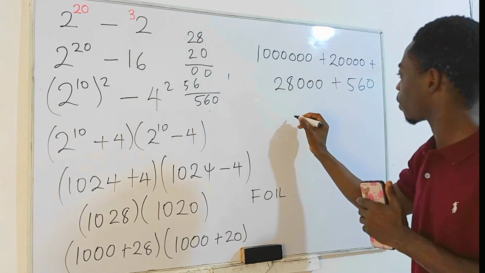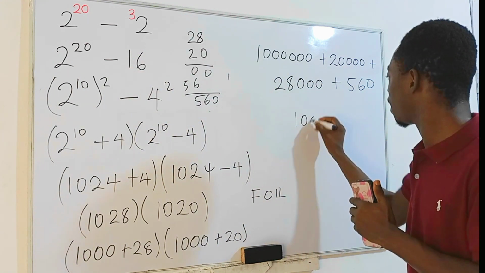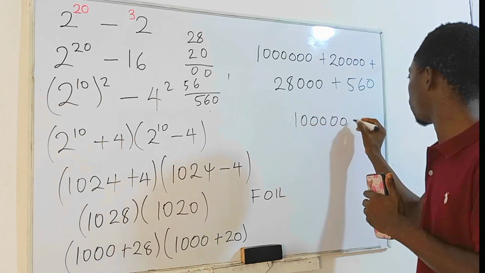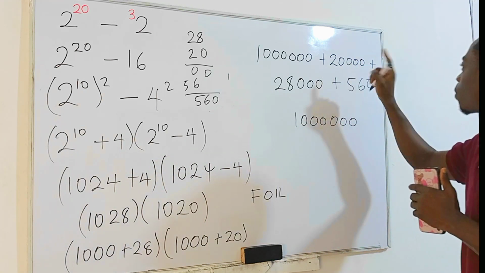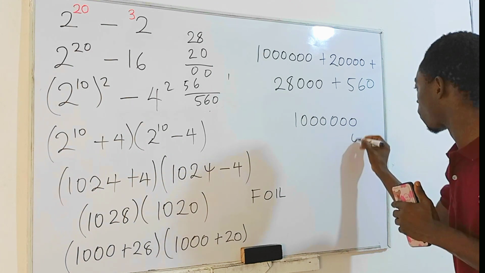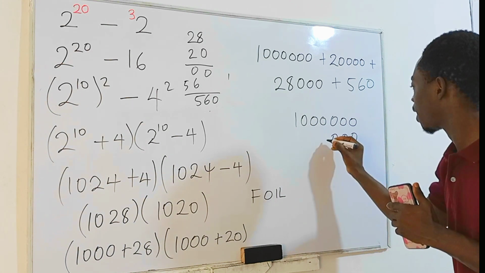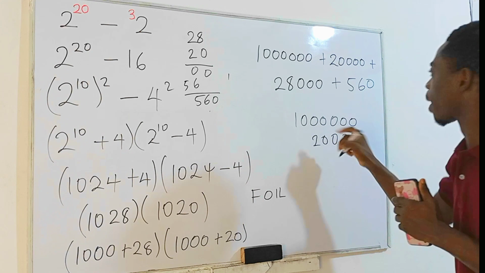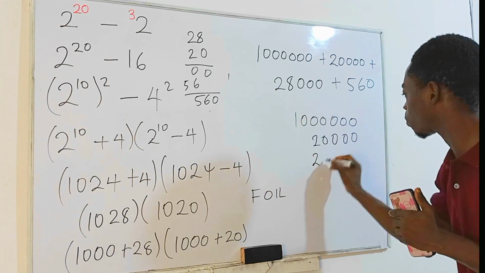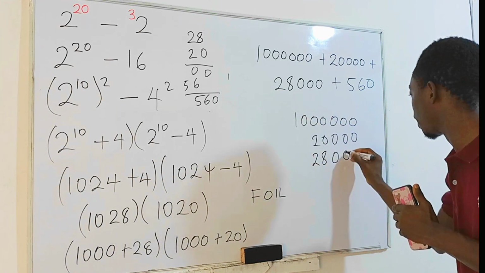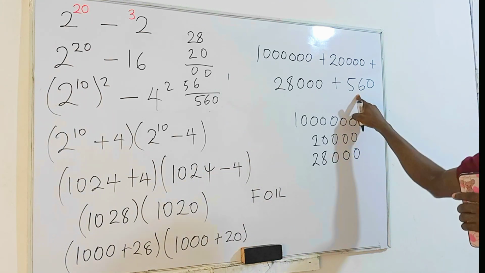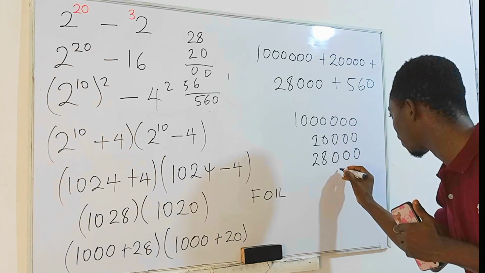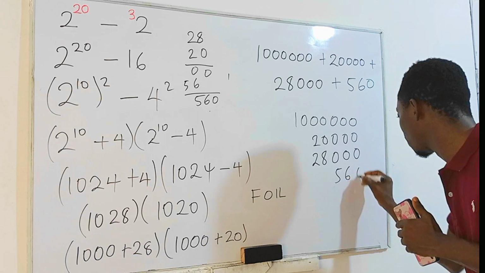And this time we can do the basic mathematics to find what the whole of this is. By arranging this, we're going to have 1 million, that is 6 zeros. Then we have 20,000, so 4 zeros. I'm going to rewrite it here. And we have 2 right here. Then 28,000, we have 28 and 3 zeros. Then lastly, we have 560, so I'm going to write 560 right here.